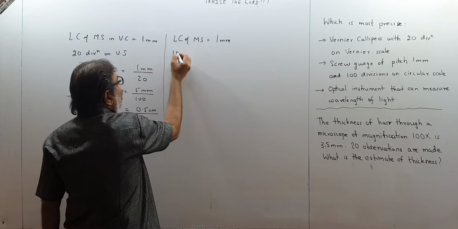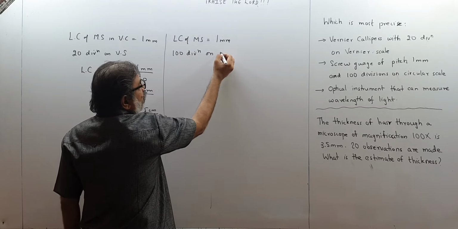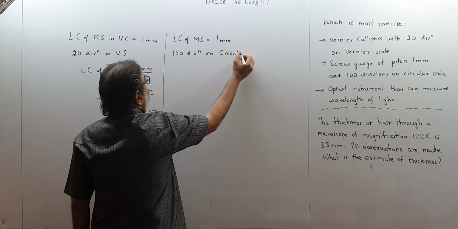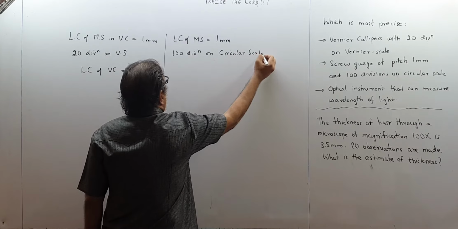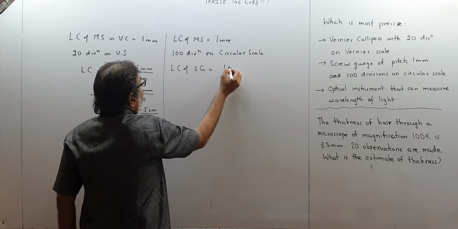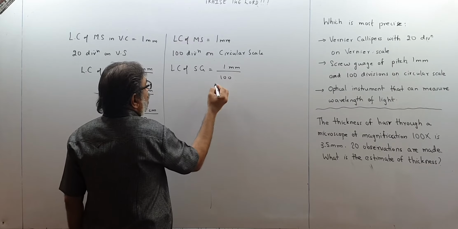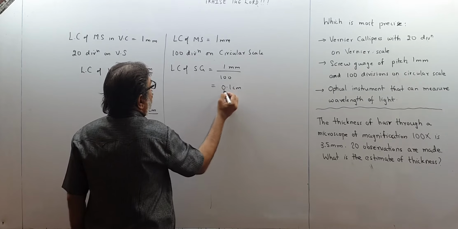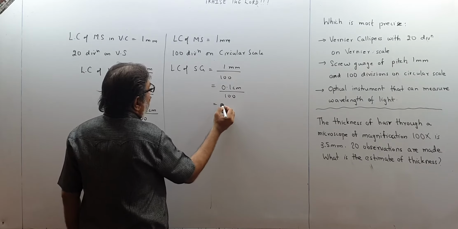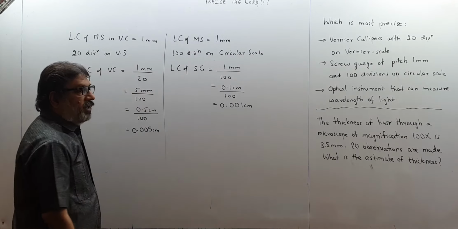And how many divisions? 100 divisions on the circular scale. So what is the least count of the screw gauge? That will be 1 millimeter upon 100. Sorry, this will be 0.1 centimeter upon 100, and that will be 0.001 centimeter. This will be the least count of the screw gauge.